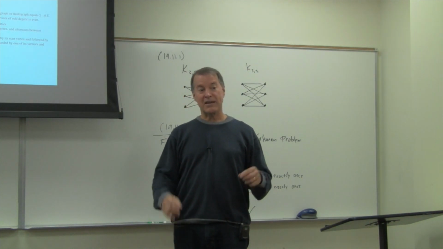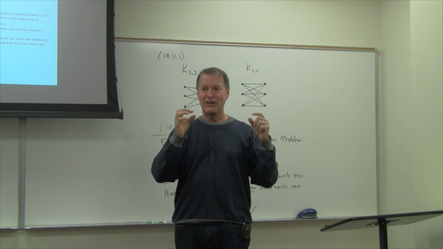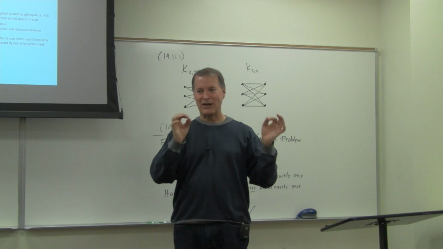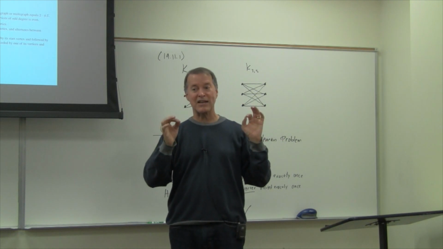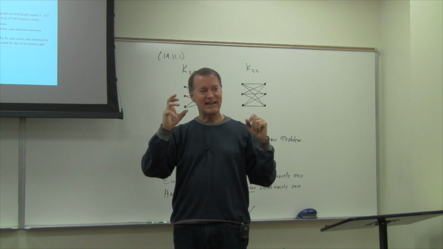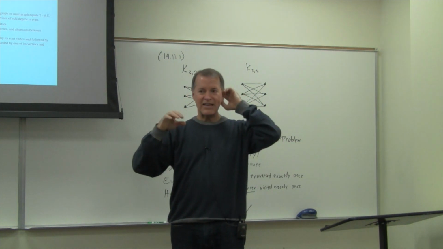There are 3 cases because there are 3 ways in which you can add an edge. You can connect an odd to odd, or an even to even, or an odd to even. So in each one of those cases, you have to describe what happens to the number of vertices with odd and even degree.